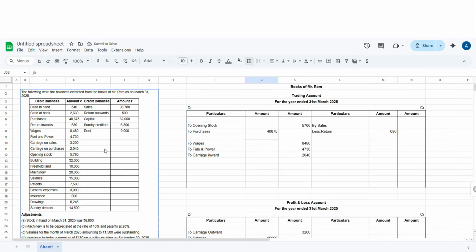Then on the credit side, credit balances, sales. Sales is trading account, credit side. So by sales, we have already recorded 98,780, and the outer column amount is 98,100.